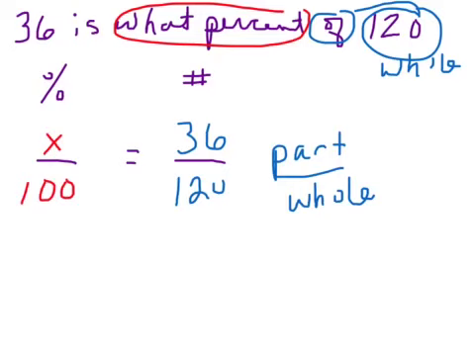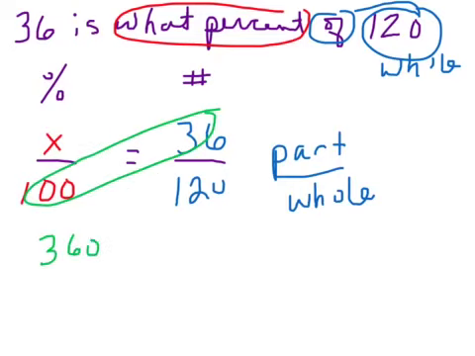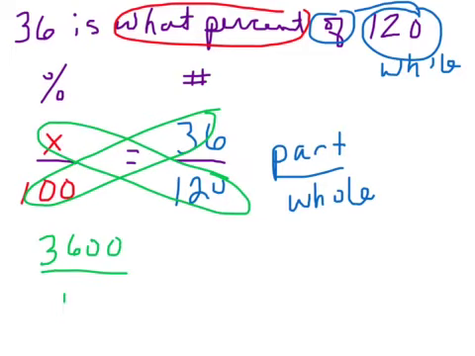So now if we cross multiply, we get 36 times 100 is 3600. Then when we divide by the thing across from the unknown, we're going to divide by 120, and we're going to get 30 as our answer. Again, you may use a calculator on your test to help that part go faster because there's 20 questions, and that would definitely help the work go faster.